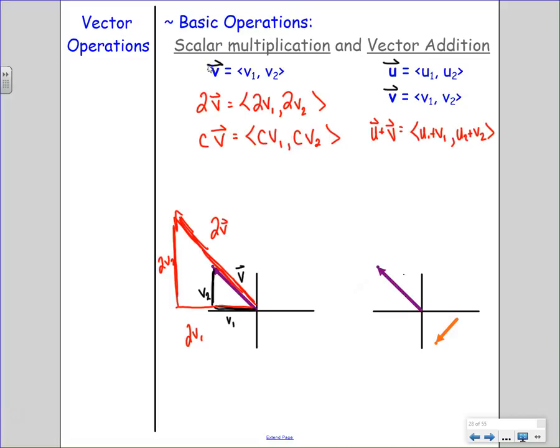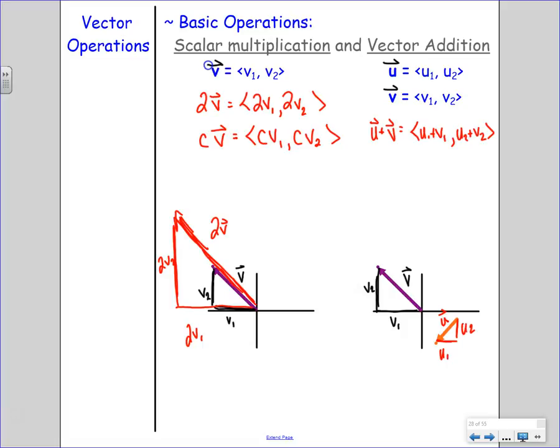So if we were to take a vector v with his own v1 and his own v2, and take a vector u with his own u1 and u2, the ones are the x's, right? The horizontal.